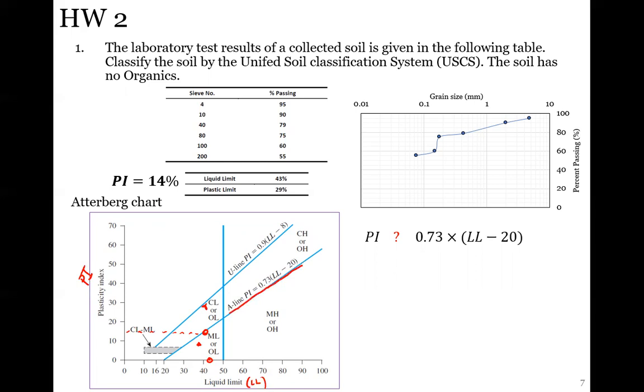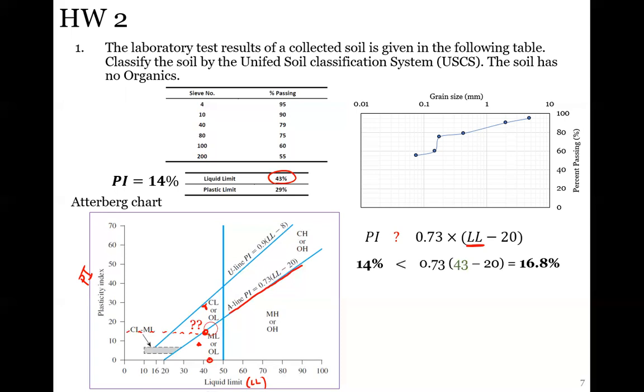So what we need to do is plug our liquid limit in and then determine whether our current PI is greater than or less than this function. So what we can do is plug in our values. We know our PI is 14%, that's calculated. And our liquid limit is 43, that's given to us here. So 43 minus 20 times 0.73, we see that's 16.8%. So is this above or below the A line?